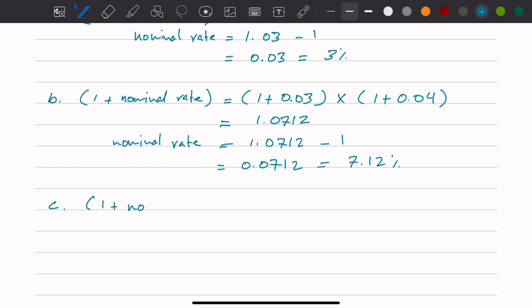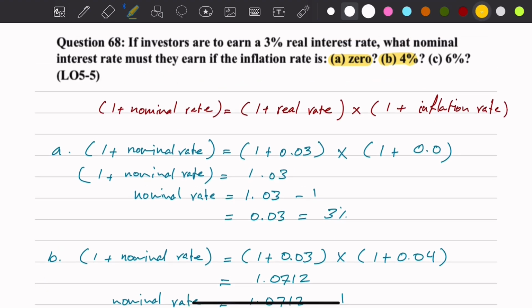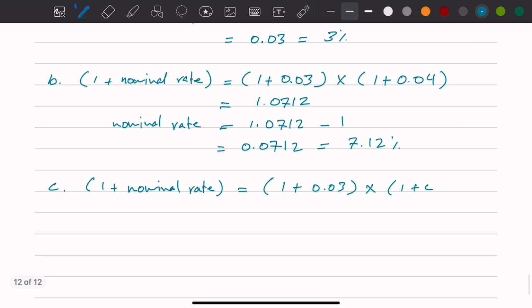Okay? Last scenario, C. 1 plus nominal rate is going to equal 1 plus the real interest rate multiplied by 1 plus the inflation rate in this scenario, which is 6%. Okay, so 0.06.